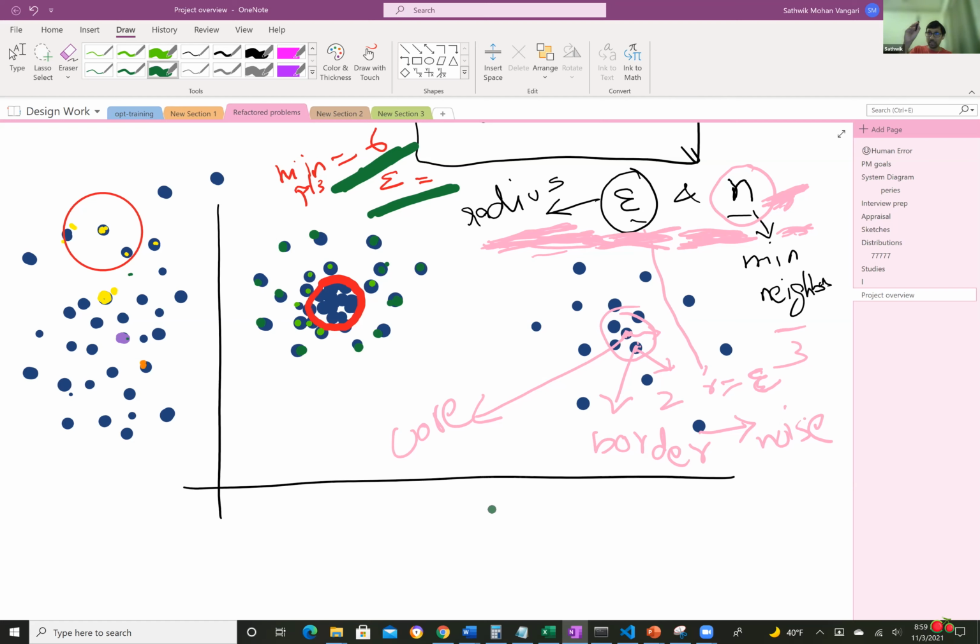Wherever it peaks, if it's silhouette score, that's your optimal number of clusters. If it's the elbow method, wherever it bottoms out, the tip of the bottoming out, that becomes the optimal number of clusters.